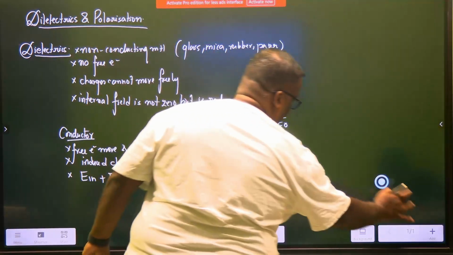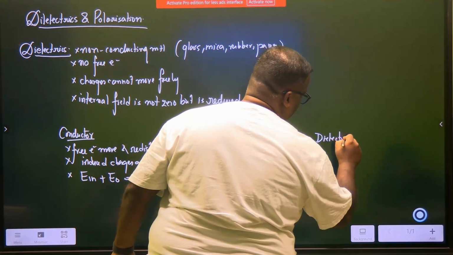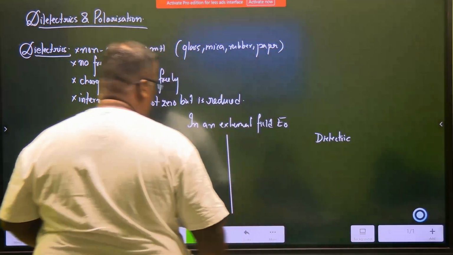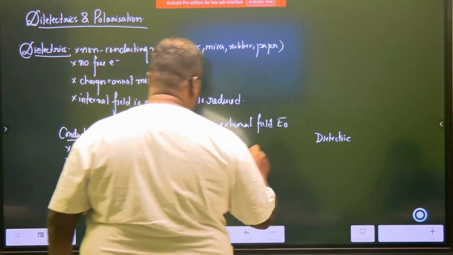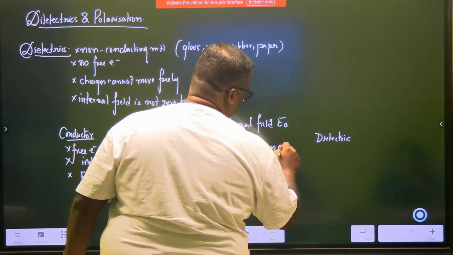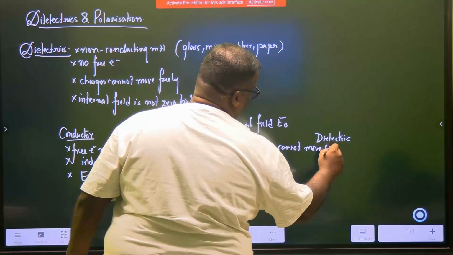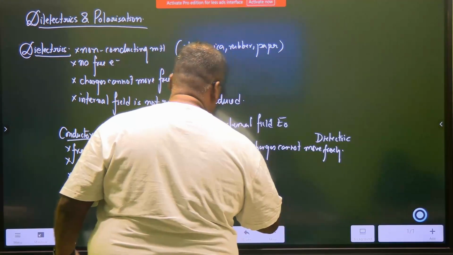Now let's see what happens for a dielectric. You have already written that in a dielectric, the electric field is not 0, but it is reduced. So here we will say charges cannot move freely. That is point number 1.